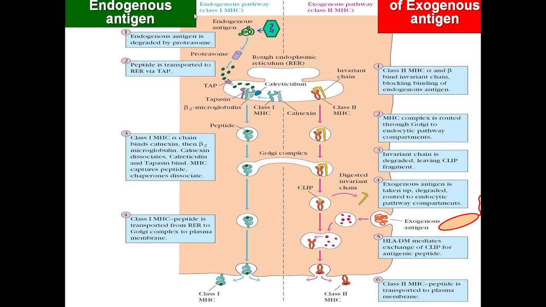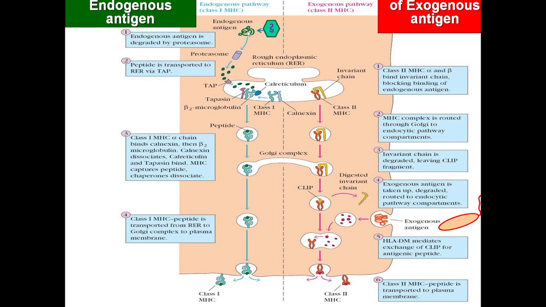In the endogenous presentation, the situation is different. An endogenous parasite, for example a virus, during replication inside of the cell produces proteins. Some of these proteins appear in the cytoplasm of the virus-infected cell.